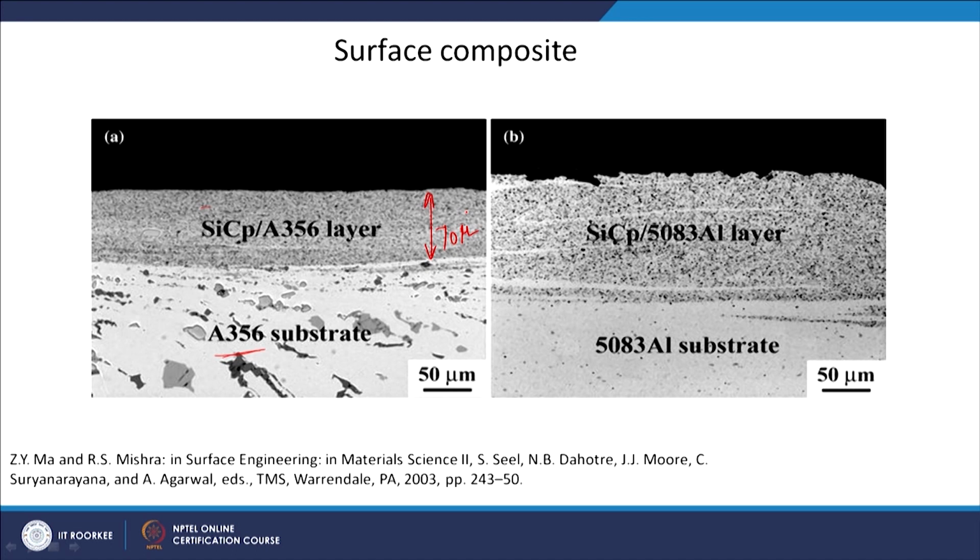The other graph is for 5083 aluminum alloy, where again around, let us say, 100 micron thickness they have introduced the silicon carbide particles. So, this is a very good technique to make surface composites by only embedding the ceramic particles on the surface to give the surface hardness, which will result in wear resistance.